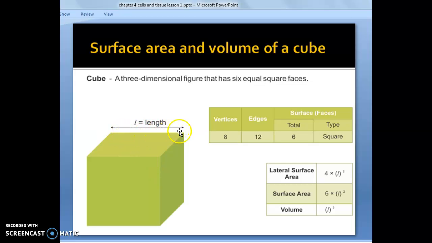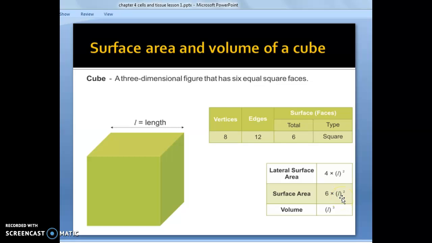This is the length of one side. If we check its vertices, this cube has 8 vertices and 12 edges, and the total faces within a cube are 6. Here in this box you can see the lateral surface area can be calculated by the formula 4 L square, and the total surface area of this three-dimensional shape, which has 6 faces, is 6 L square.